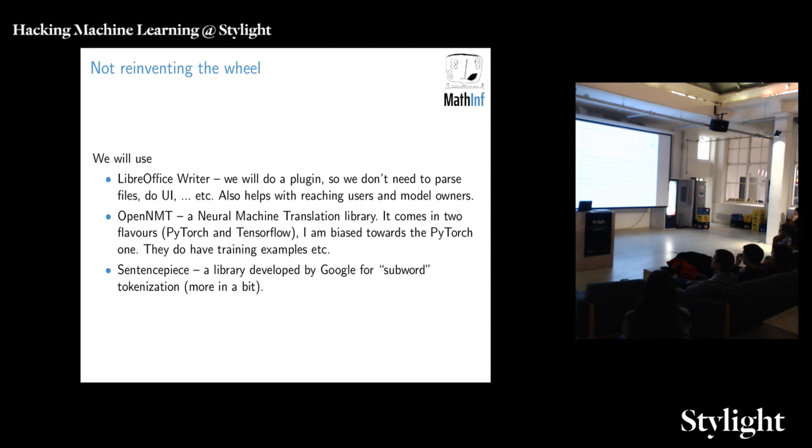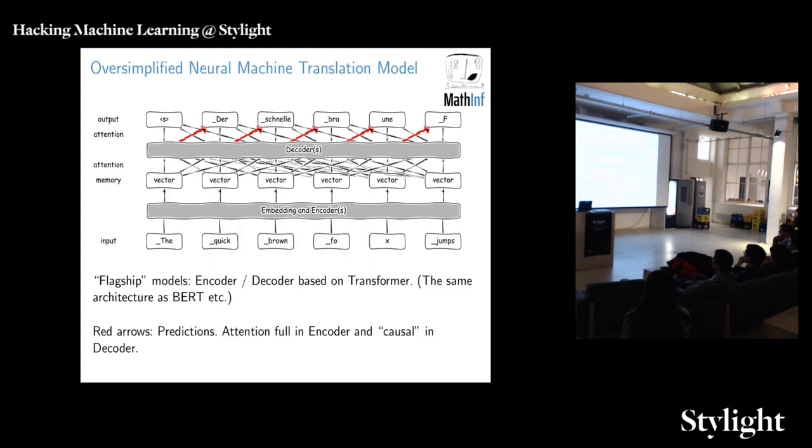And if you listen carefully to Ines's talk, there were the subword tokens that need to be mapped to proper words. And so this is a library that gets you the subword tokens, but not the proper words. If you look at these models, the flagship models are transformer models, just like BERT, but they are not actually BERT.